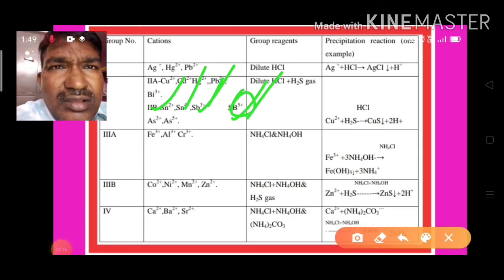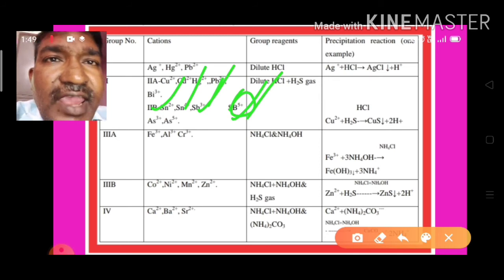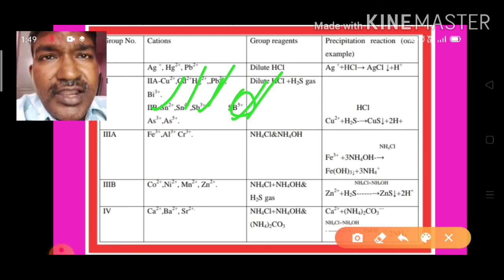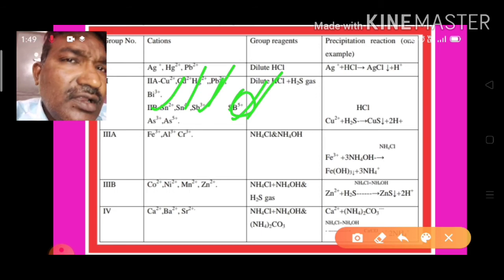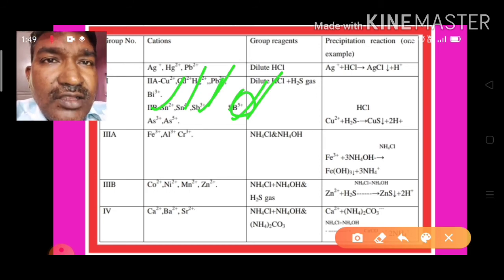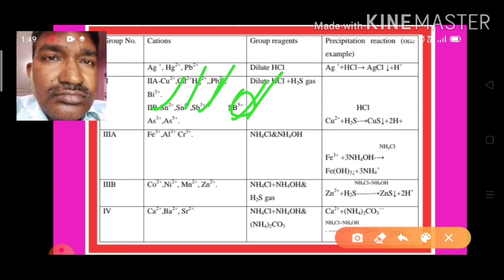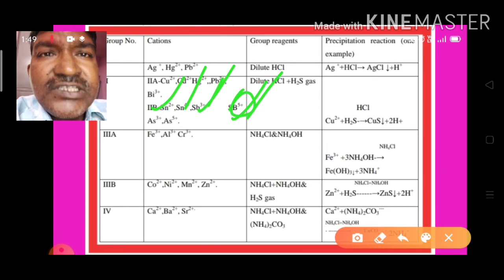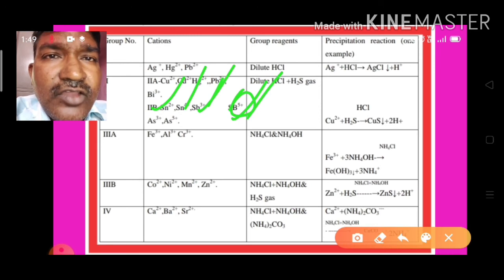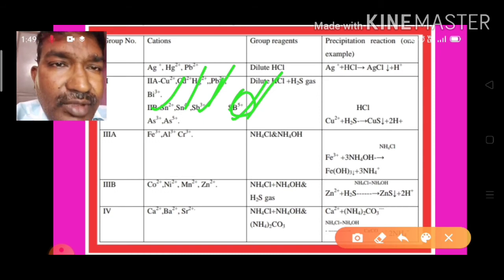All sulfides except cadmium sulfide, bismuth sulfide and tin sulfide are black in color. Bismuth sulfide is brown, and cadmium sulfide is yellow. Bismuth sulfide's color can be easily remembered with an acronym: B for bismuth and B for brown. With that shortcut we can easily remember.